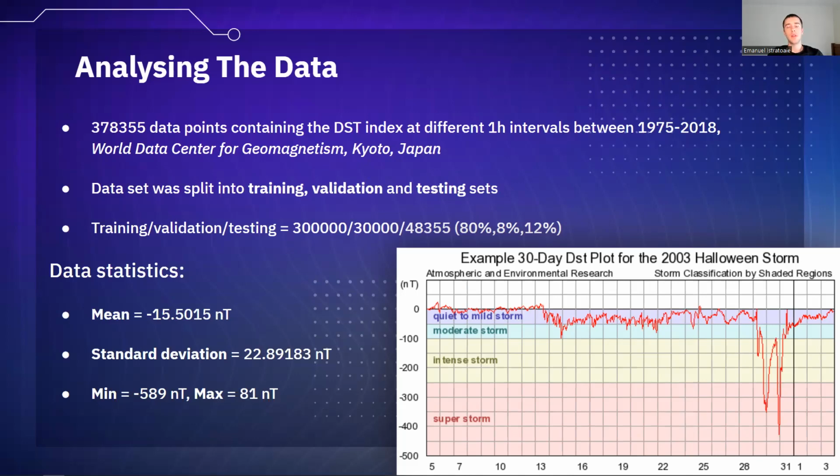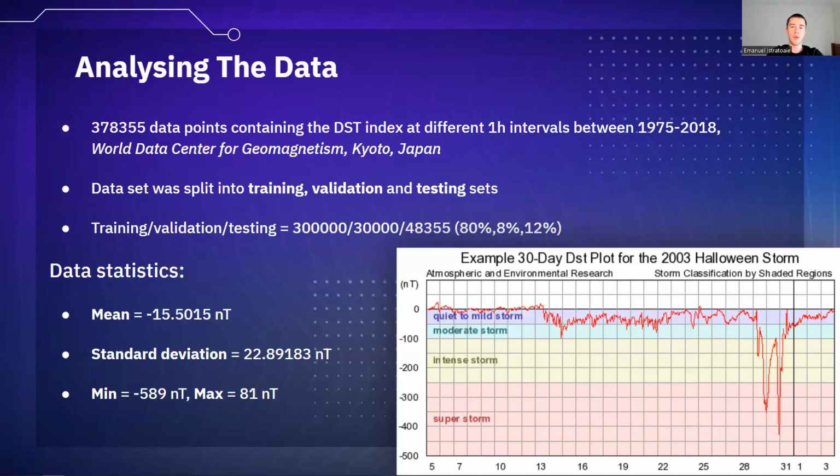The training set was employed to teach the model important patterns and relationships. The validation set was used to evaluate the model's performance and fine-tune parameters. The testing set was used to assess the final performance of the model on unseen data and estimate its real-world performance.